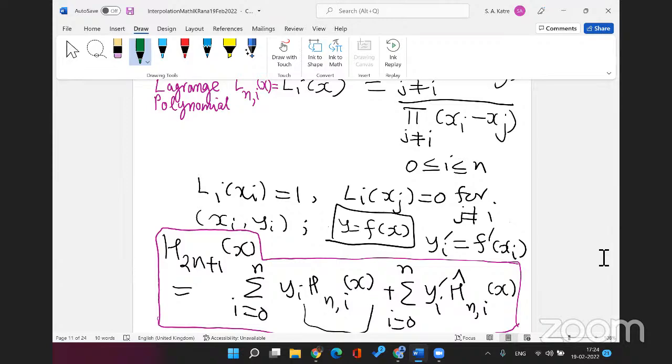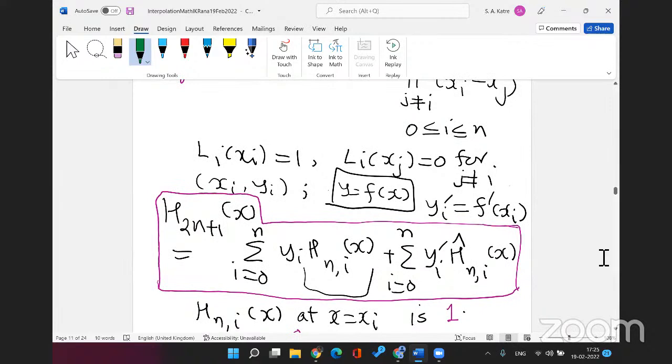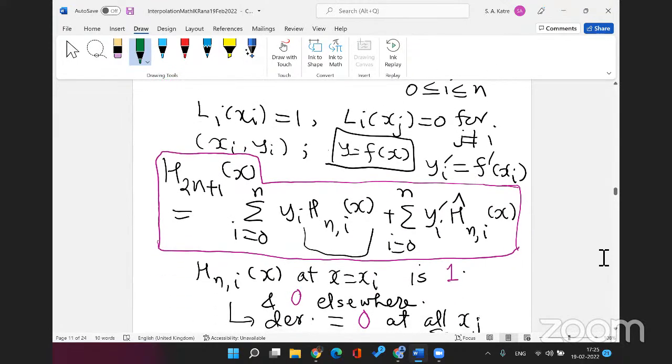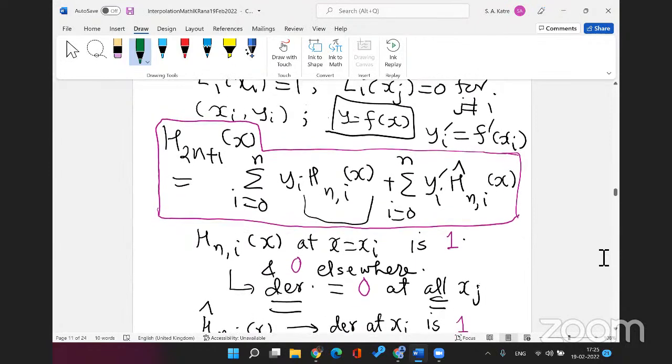It is written as a combination of yi and yi dash: summation yi H_{n,i}(x) plus summation yi dash H hat_{n,i}(x). These are two polynomials, obtained by a specific formula, and they have some specific properties.